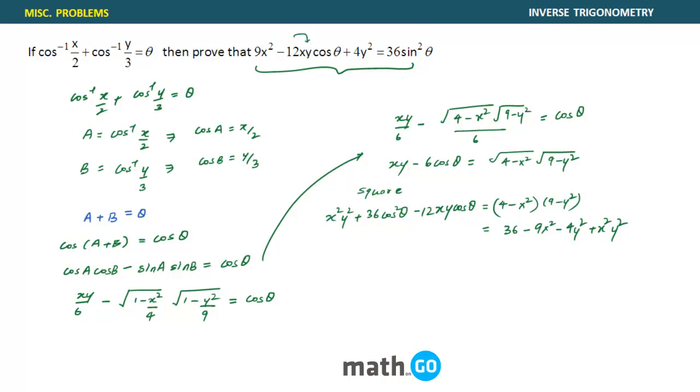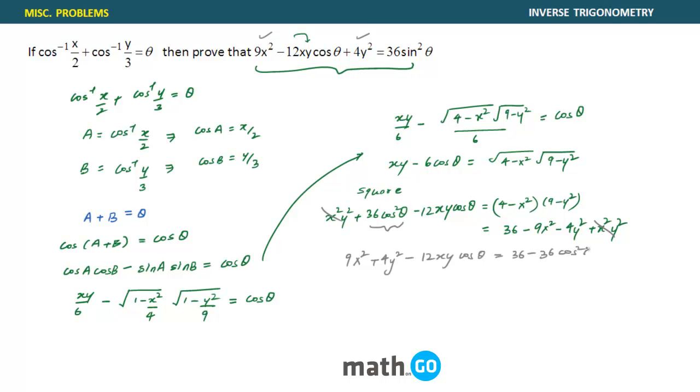And if you see x square y square, this cancels out with this, right? Now you want 9x square and 4y square, you can see here also. So I will take them on this side. This becomes 9x square plus 4y square minus 12xy cos theta. There is 36 here, and I'll take this 36 cos square on this side.